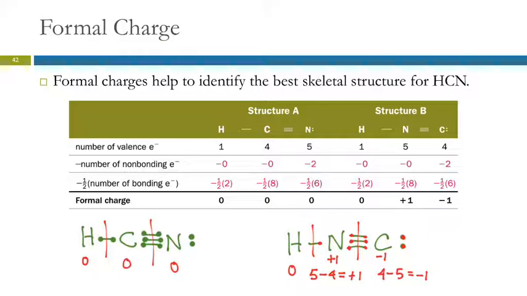Well, sometimes it's not possible, even with a neutral molecule, to draw a Lewis structure where all of the formal charges are 0. When you have a polyatomic ion, somebody is going to have a formal charge. Because here we see that these formal charges add up to 0, because this is a neutral molecule. 0 plus 1 minus 1, that adds up to 0.